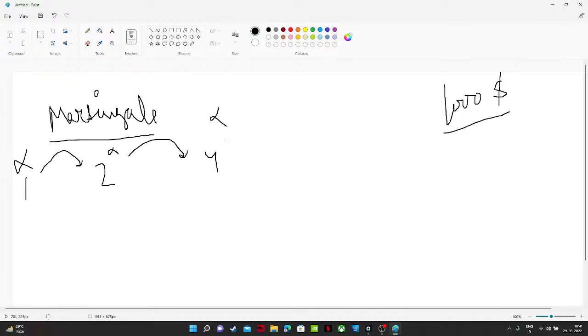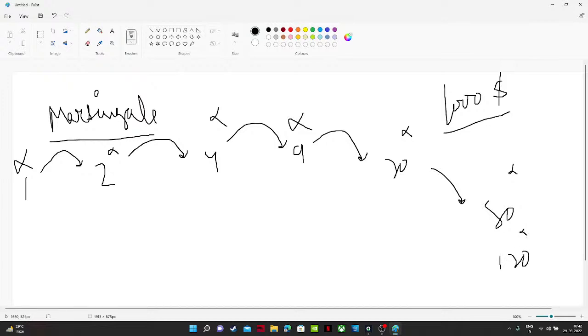If you lose this also, next one for $9. If you lose, next one for $20. Then $50. Then $120. If you lose this also, you can make the next trade for, let's say, $300.